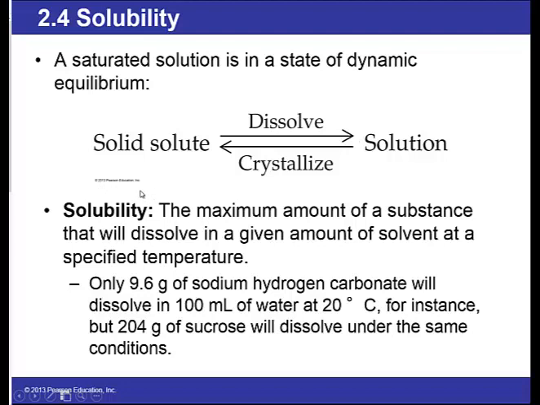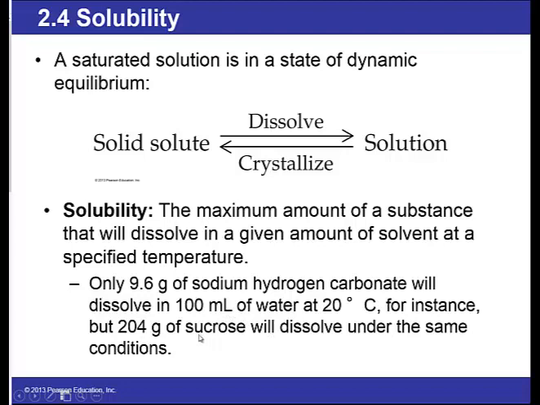We can define solubility then as the maximum amount of a substance that will dissolve in a given amount of solvent at a specified temperature. The temperature, again, is very important. The solubility of sodium hydrogen carbonate, or sodium bicarbonate, is 9.6 grams in 100 mL of water at 20 degrees Celsius.